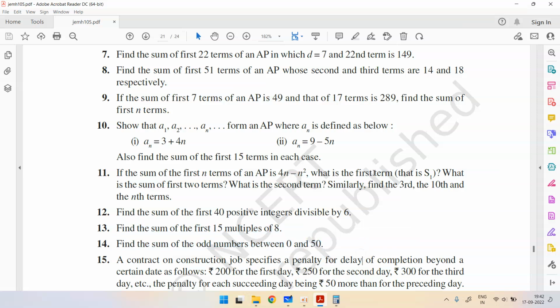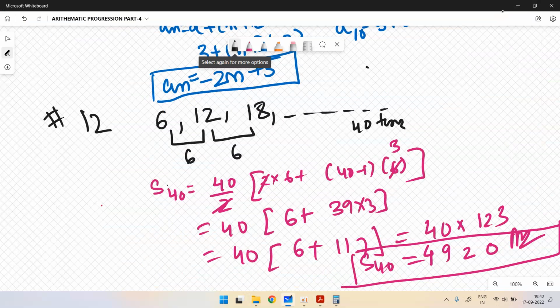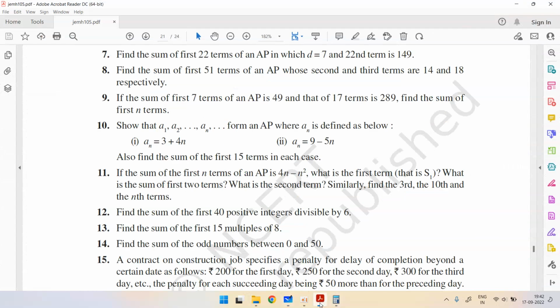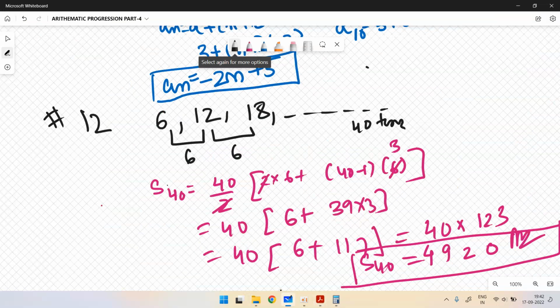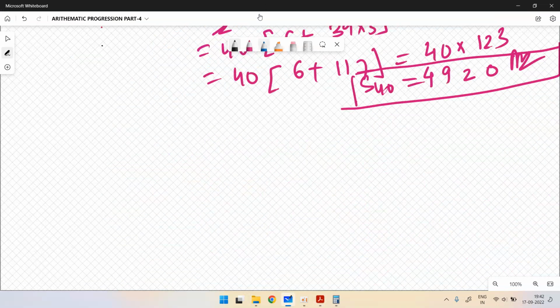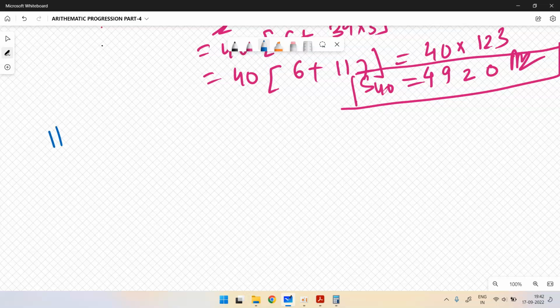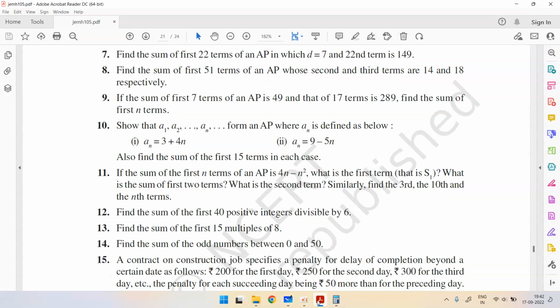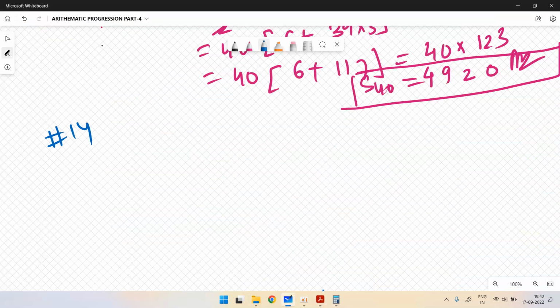Now the next is to find the sum of the odd numbers between 0 and 50. Between 0 and 50 you need to find the odd numbers and their sum.